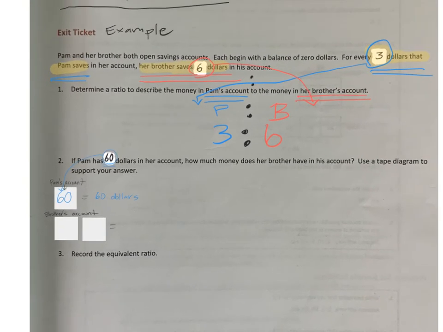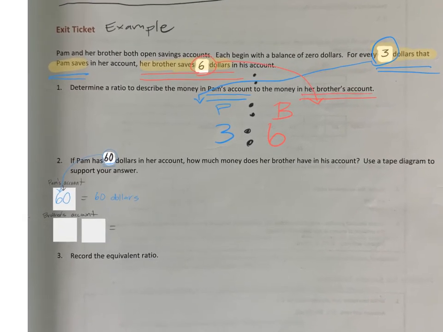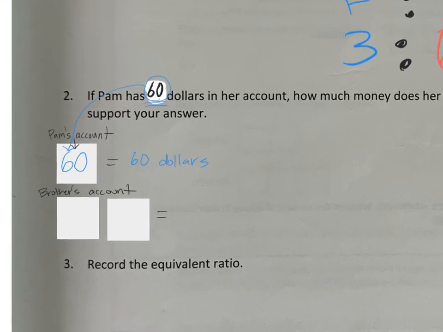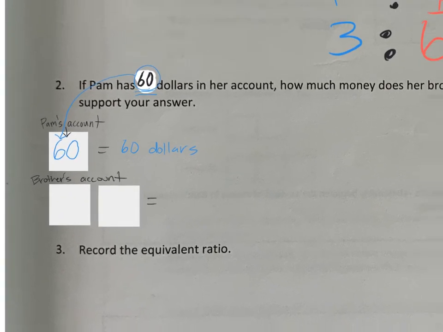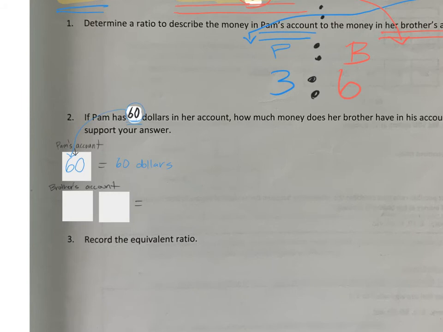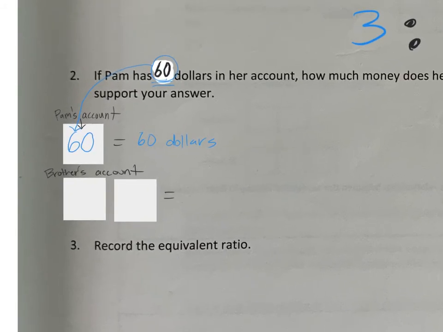And let's just take a look back at what we saw before at the 3 to 6. If you can see, we have 2 boxes because her brother's account is twice as much as hers. Hers is 3, his is 6, twice as much. And so now that we have brother's 2 boxes here, we're going to plug in the amounts, just like we did before.